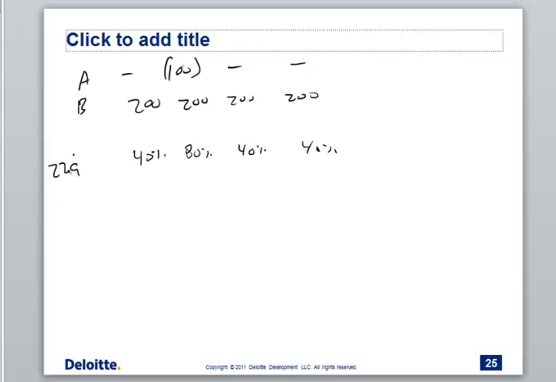Okay. So if I did a global rate, I would take 46% of 200. I would take 46% of 100, 46%, 46, 46, right? That's what I would do.